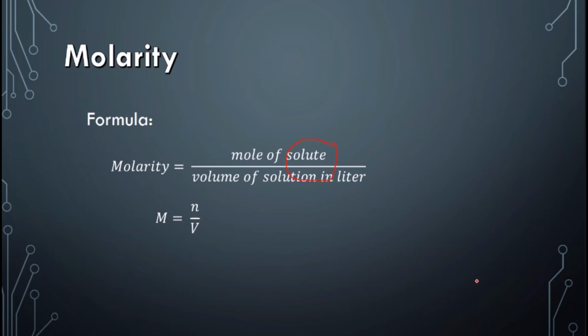For example, sugar is a solute, then water is a solvent. Therefore, sugar is dissolved in water. Some other examples of solute are ethanol, methanol, and acetone.